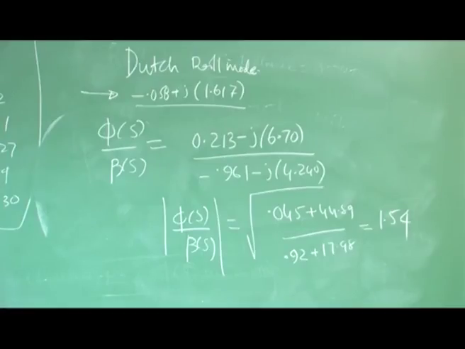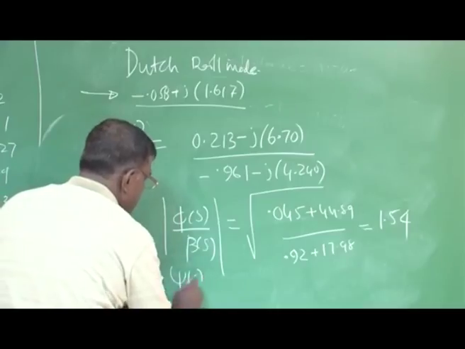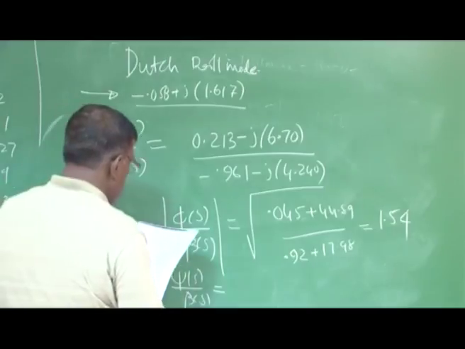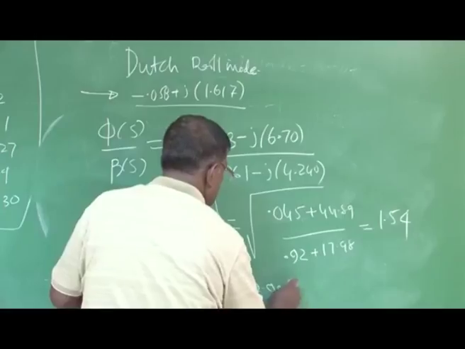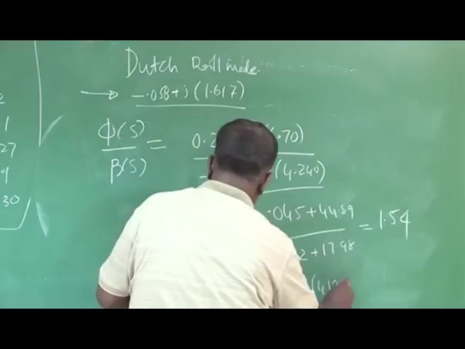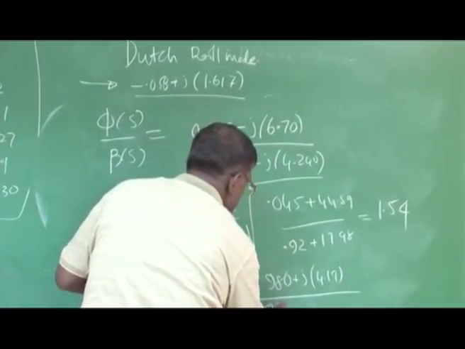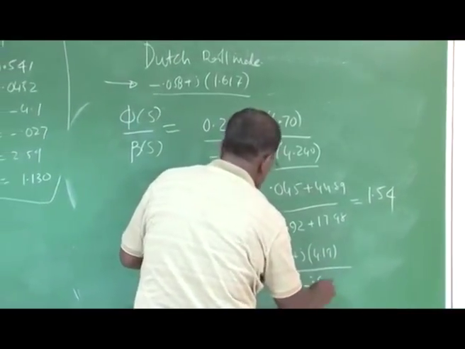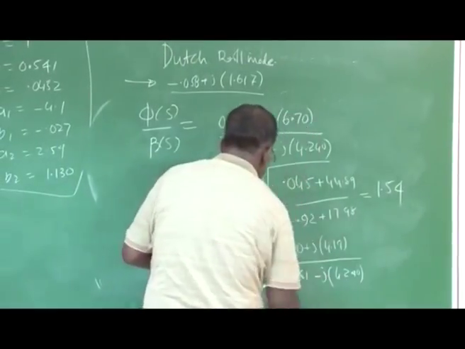This is the magnitude. Similarly, if we try to find psi of s by beta of s, you will find this ratio will come as minus 0.980 plus j 4.19 divided by minus 0.961 minus j 4.240, roughly this.